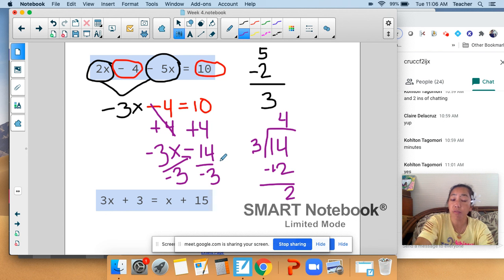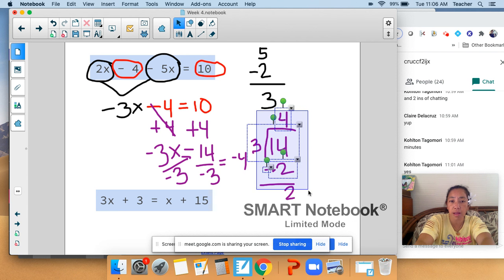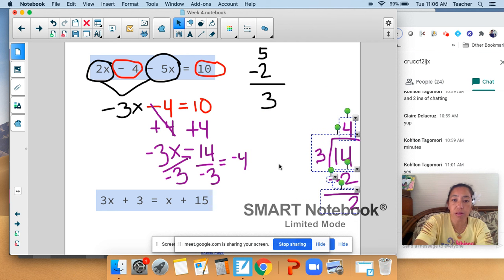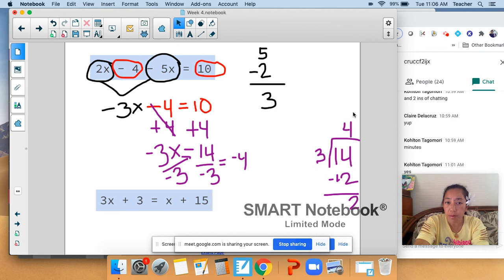So 14 over negative 3 is really equal to a negative, because positive divided by negative is going to be negative. Let's move this over a little bit. And it's going to be a negative 4 because there's 4 groups of 3's, and that accounts for 12 of the 14.